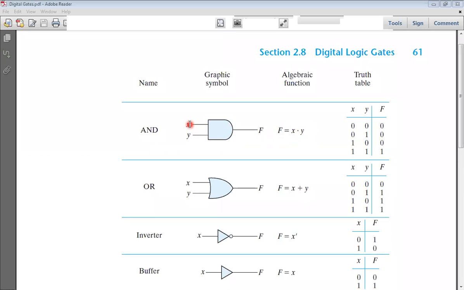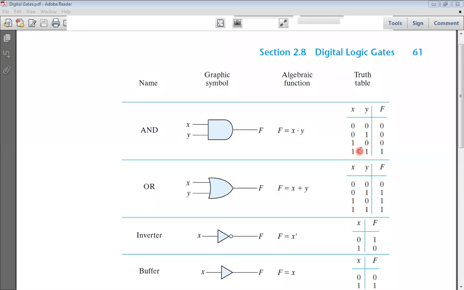Now, X and Y are inputs, and what are the values for these inputs? They are not decimal inputs, they are binary inputs. X can take either 1 or 0, and Y is also either 1 or 0. You are not free to give any value to X, like 45 volts or 25 volts. X takes only 1 or 0.